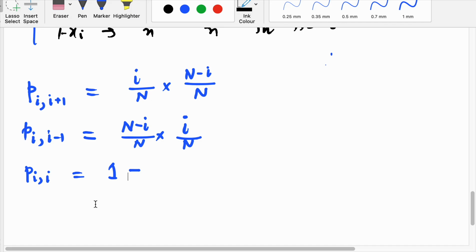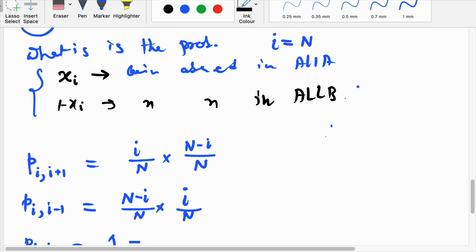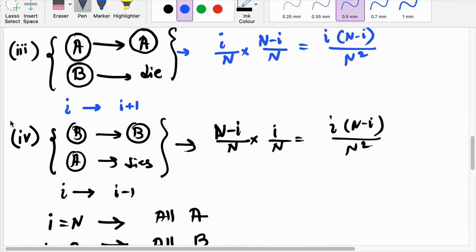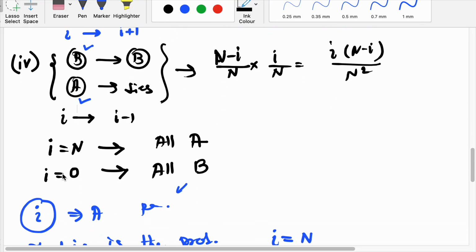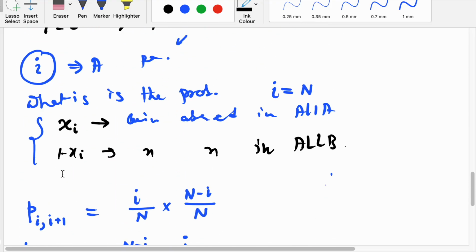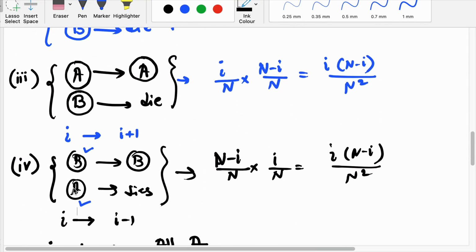So if a B individual reproduces but one A dies, what is the meaning of p i comma i minus 1? From i, how many A type individuals were there previously?